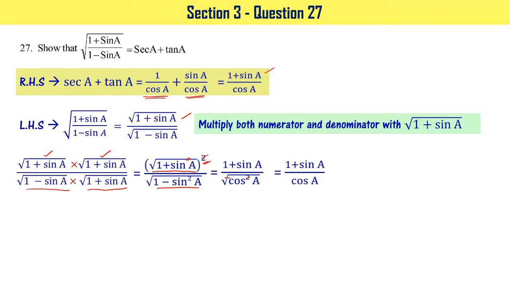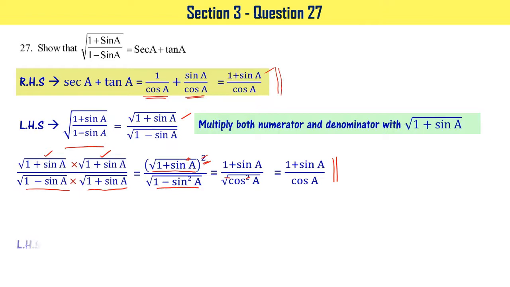Now you observe this. We started with LHS, that is square root of 1 plus sin A divided by 1 minus sin A, and simplified it such that we got 1 plus sin A divided by cos A, right? That is what the term we got for the RHS also.